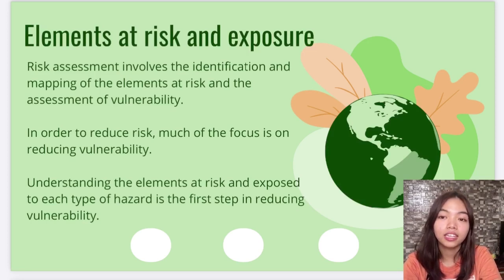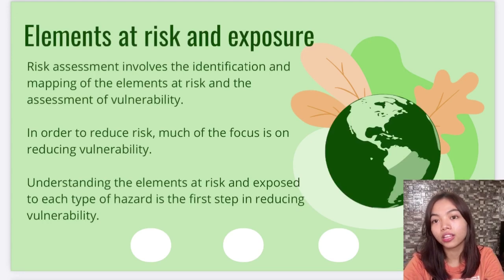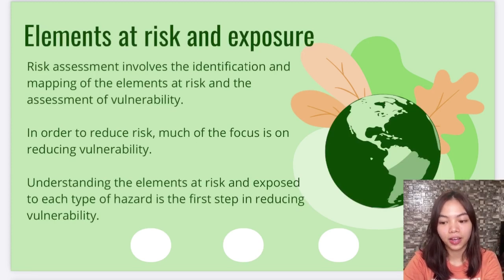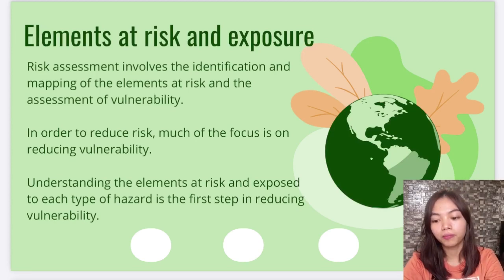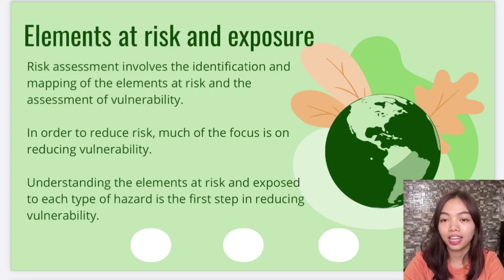So bakit natin kailangan i-reduce yung pagiging vulnerable ng isang element sa isang hazard or exposure? Para ma-reduce natin yung risk niya. And para ma-reduce natin yung vulnerability, dapat ma-identify natin or maintindihan natin yung risk ng elements sa isang hazard or sa iba't ibang hazard.